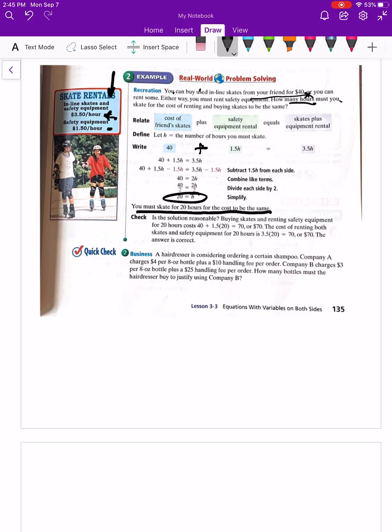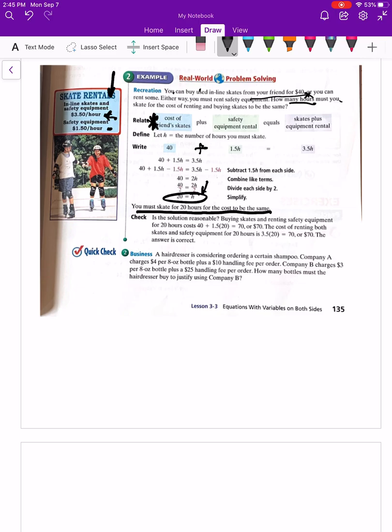So this is one of those situations. These are great problems to kind of evaluate what's the better situation for you. If you are an inline skater, you like to skate and do a lot, and you know you're going to skate more than 20 hours, it's probably, in a year or whatever, the better bet to buy the friend's skates right here.